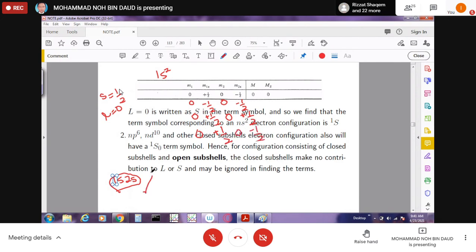For this one, the ML here is 0, the total ML, the sum of these two values, 0, 0. The MS, we know this one.